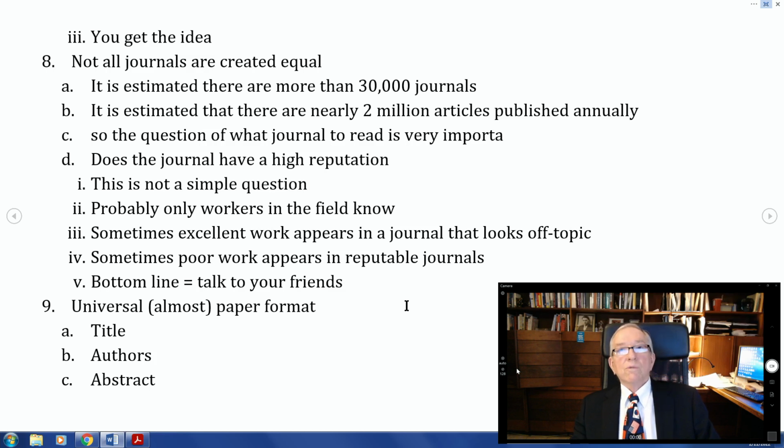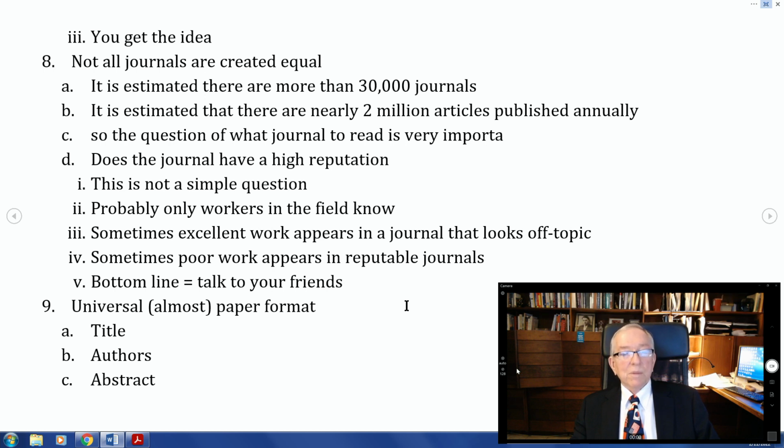So the question is what journal you should be reading, and how much importance is there in picking one journal over another, and that kind of thing. It's not a simple question. If the journal has a high reputation, you have a tendency to say, well, I can read it, I believe it. It's the New England Journal of Medicine, so I can believe it. But then guess what? Now and again, those papers actually get retracted by the author later when they find that they've made a mistake.